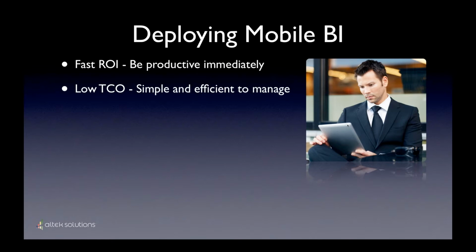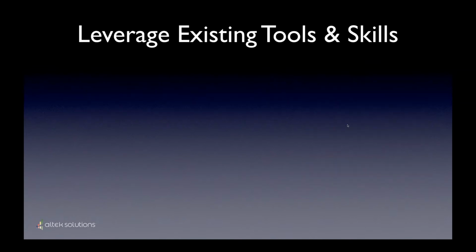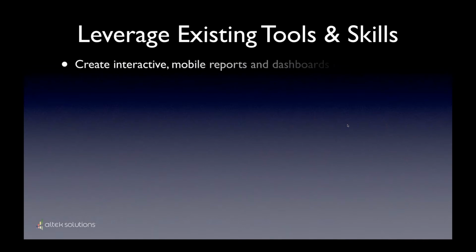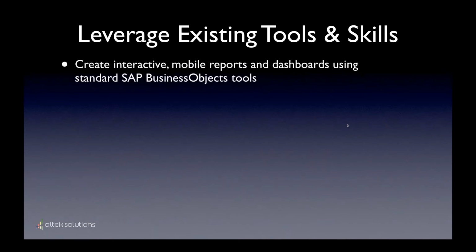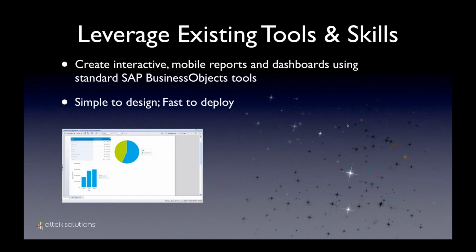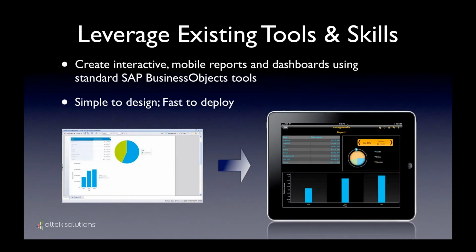Finally, like all other functions of the SAP BusinessObjects platform, Mobile BI is also highly scalable, allowing you to start small and add more services as your needs scale. But the best part of SAP BusinessObjects Mobile BI is that you can leverage your existing tool sets and skills. Rich mobile visualizations are simple to design using standard SAP BusinessObjects tools, and they're equally fast to deploy.